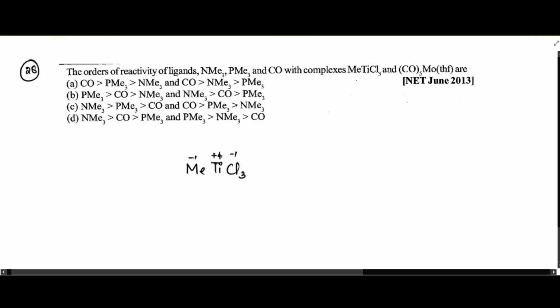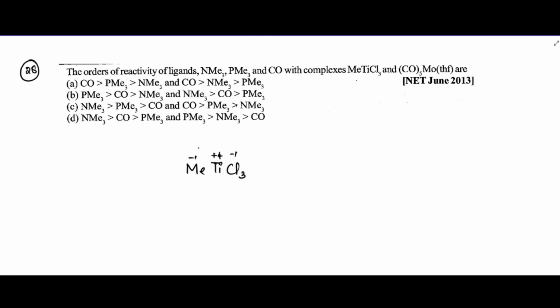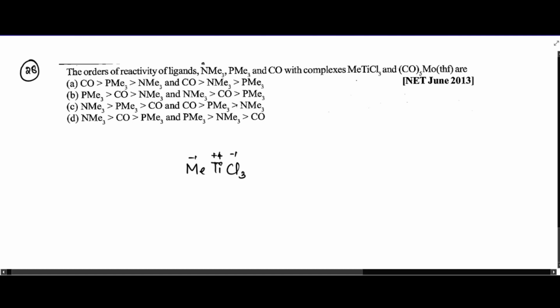Titanium is +4. So the metal we have here is in a very high oxidation state. It is electron deficient. Among the ligands given here, nitrogen has a lone pair of electrons, and PMe3 has a lone pair of electrons too.